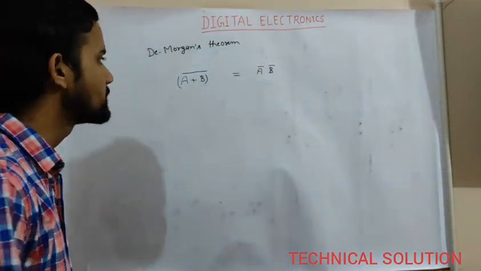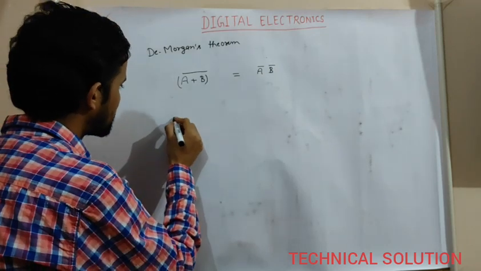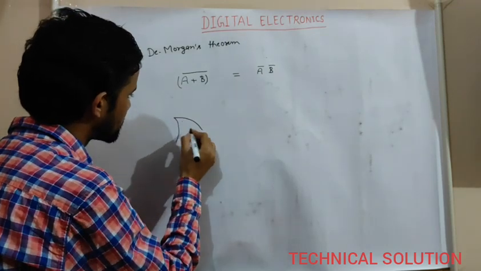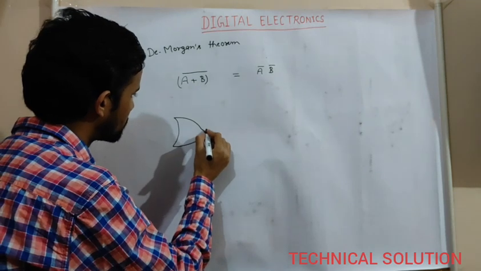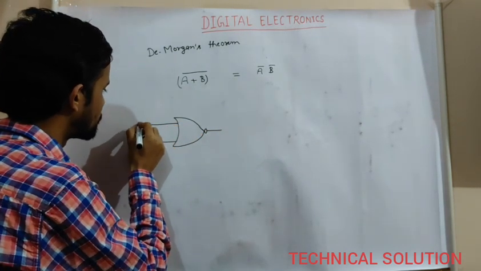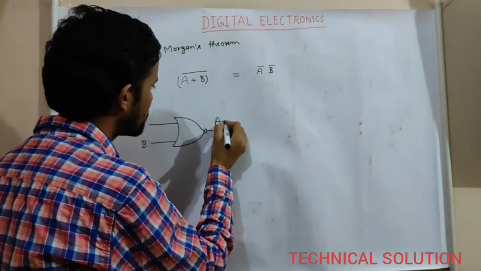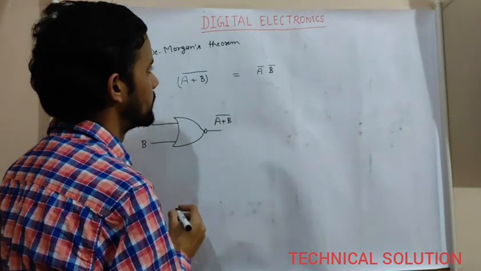In the form of logic gates, this (A plus B) whole complement is given by the NOR gate, which is represented by this symbol. This is input A and this is B, and this is (A plus B) whole complement.